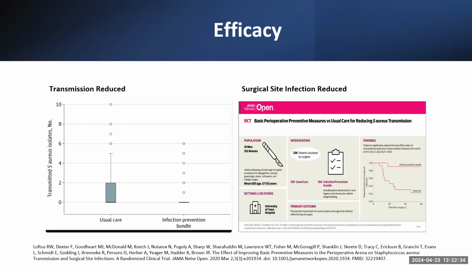And then on the right, you can see the impact on surgical site infections. The rate of surgical site infections was approximately 7% in the control group and 0.9% in the treatment group. So this cluster randomized trial demonstrated efficacy of these 4 pillars of infection control when optimized by feedback.